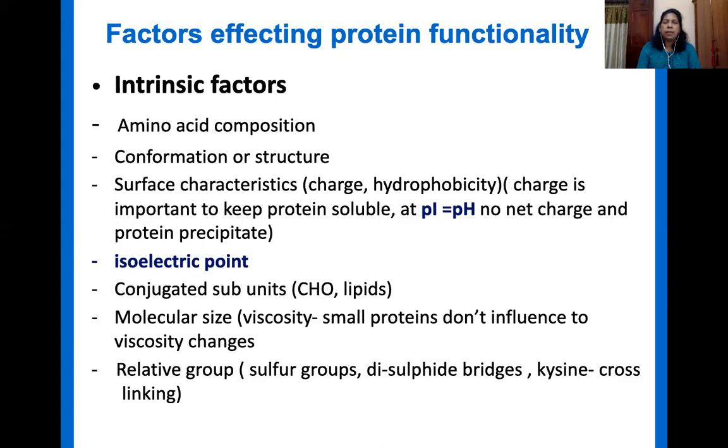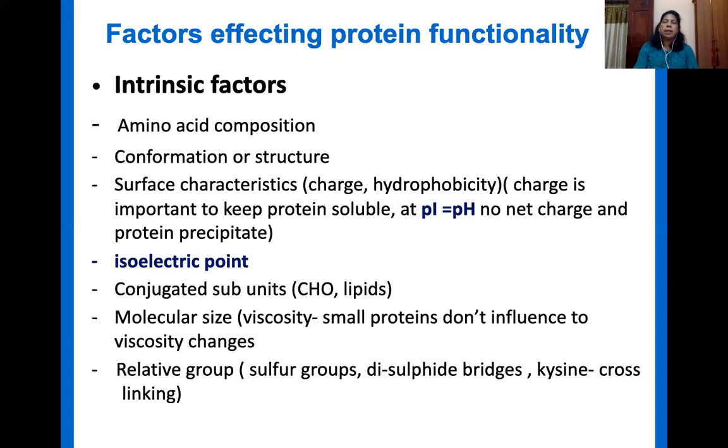For example, if there is oil and water in the system, the oil and water do not mix with each other. At that time, if we add some protein, the protein has these plus and minus charges, so it has hydrophilic and hydrophobic action.